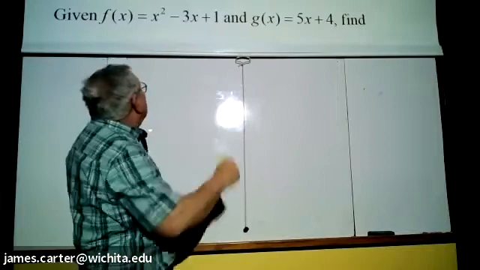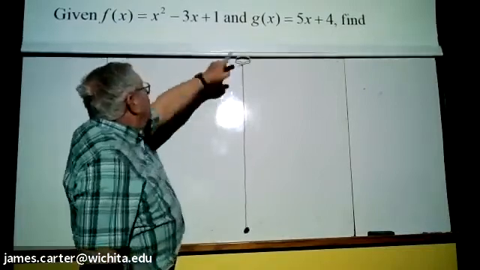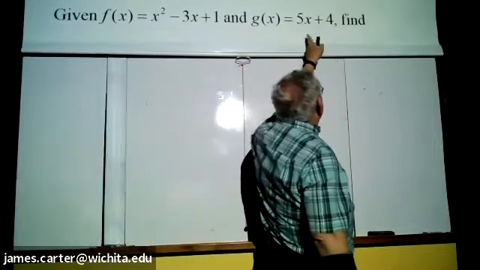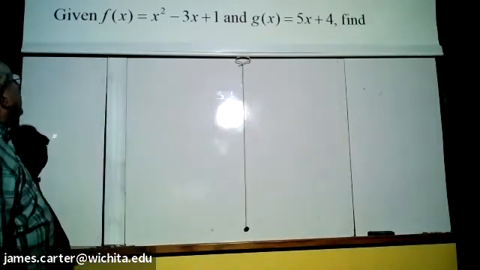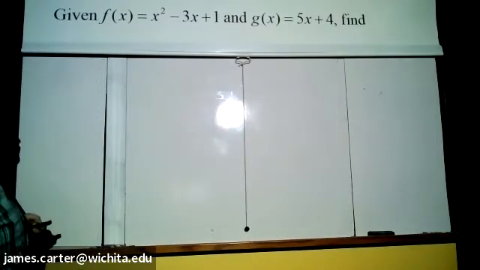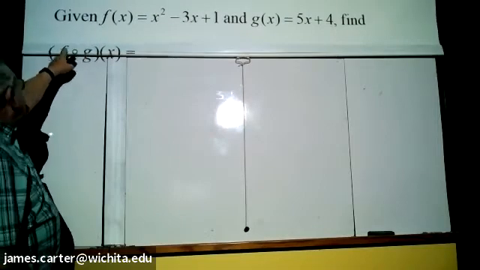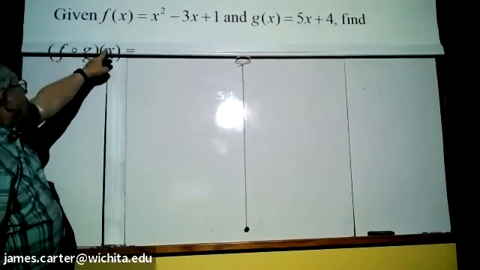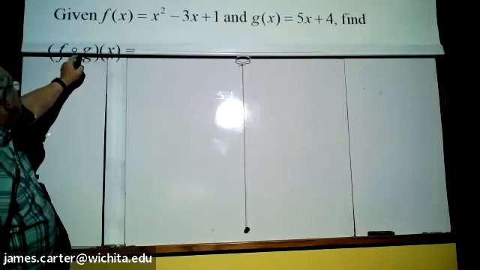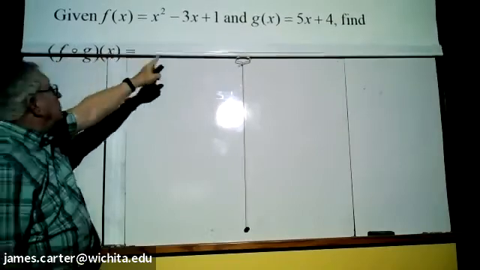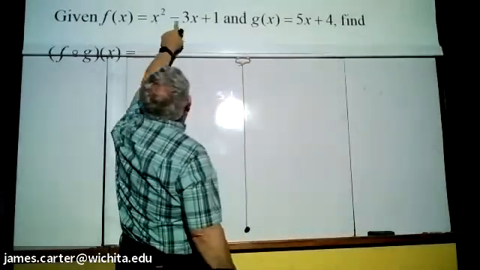It's going to open upwards because that's positive. Okay, this is a line. So we're going to compose a line and a parabola. Now, let's see, what requirements are they going to put on us? They're going to put us compose G into F. And we're just going to leave it in equation form. So we're going to compose G into F. That means we're going to substitute 5x plus 4 here and here.